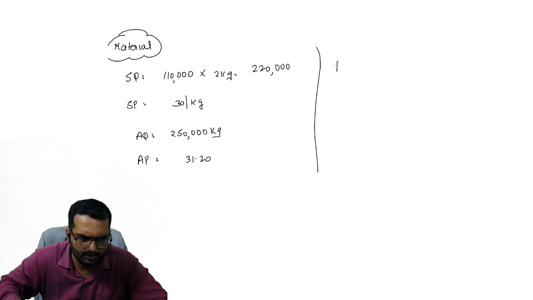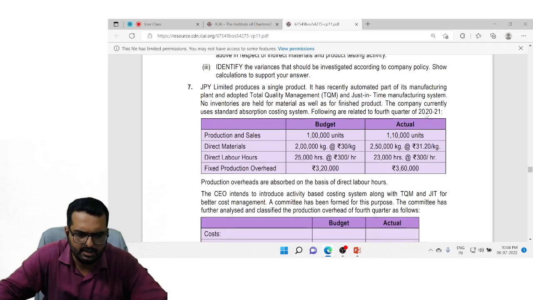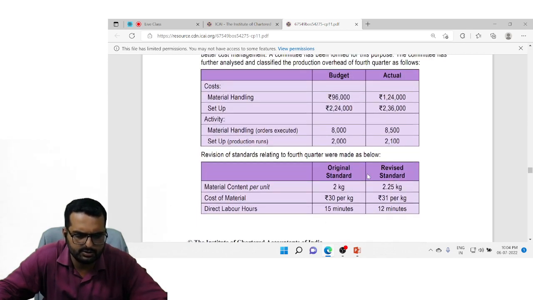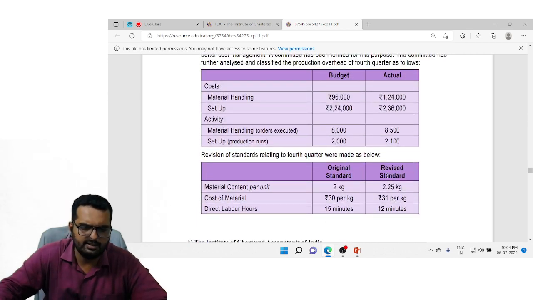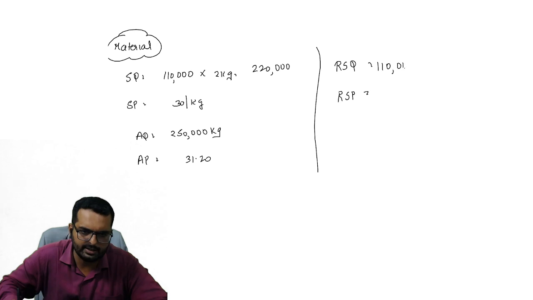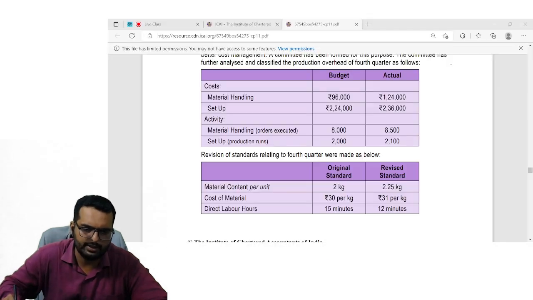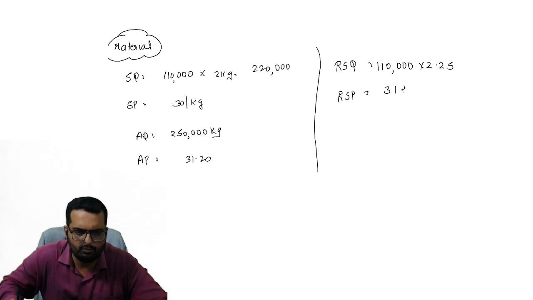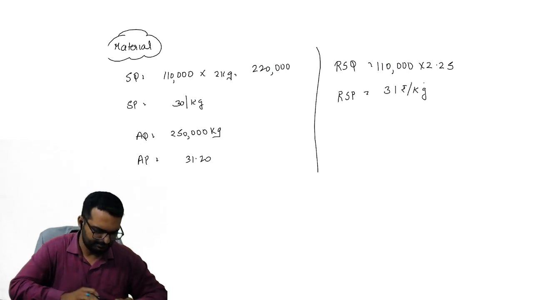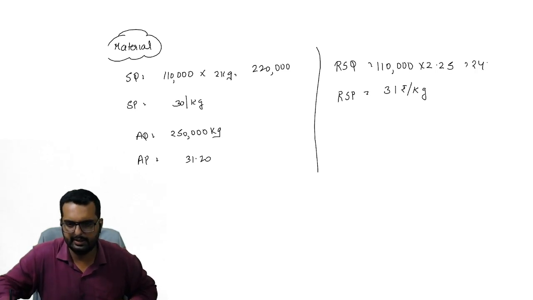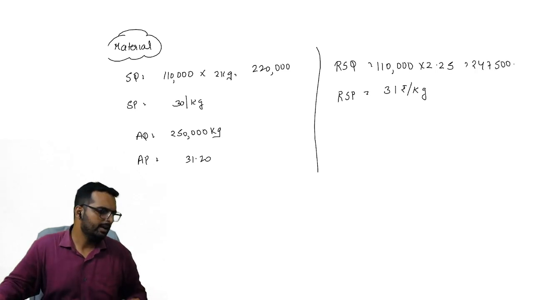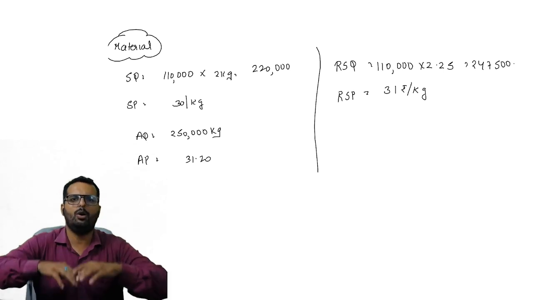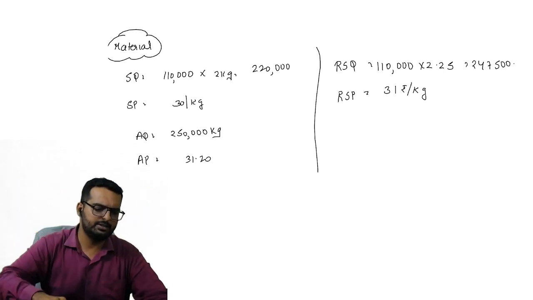I can also find out RSQ, RSP. Am I right? RSQ will turn out to be how much? Original revised standard is 2.25. So it will be 1,10,000 into 2.25, and the RSP will turn out to be 31 rupees per kg. 2,47,500. Please write down this and find out all the planning and the operational variances.